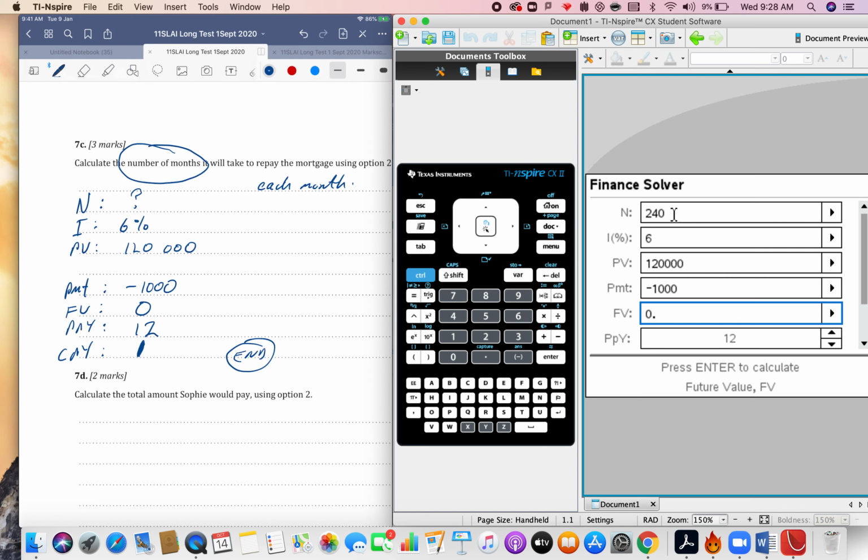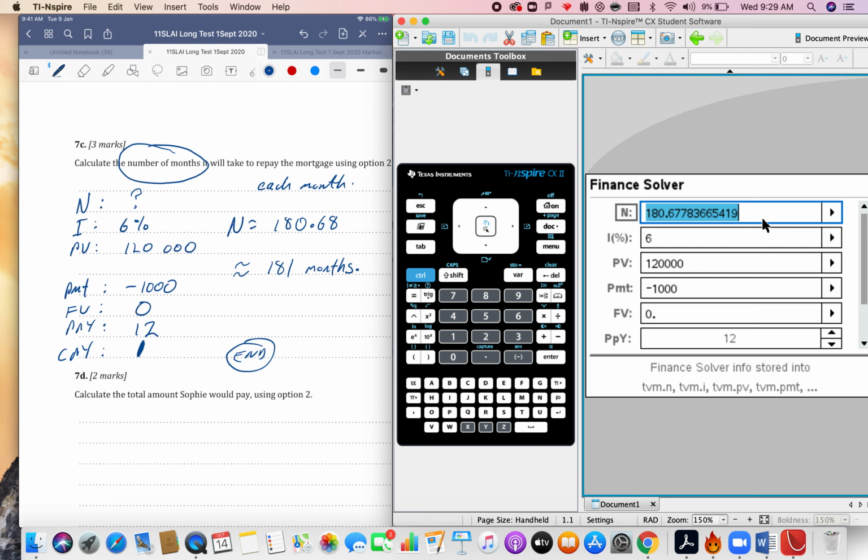Yep, and now N is the number of payments, and N equals 180.68 payments. So that's approximately 181 payments, and therefore if we're paying each month, that'll be 181 months of payments needed.